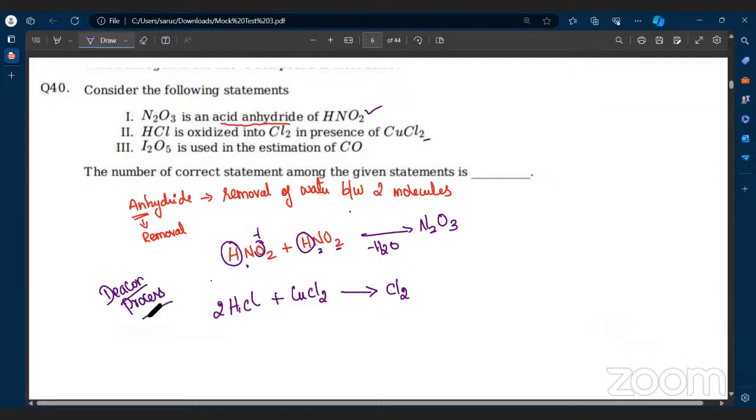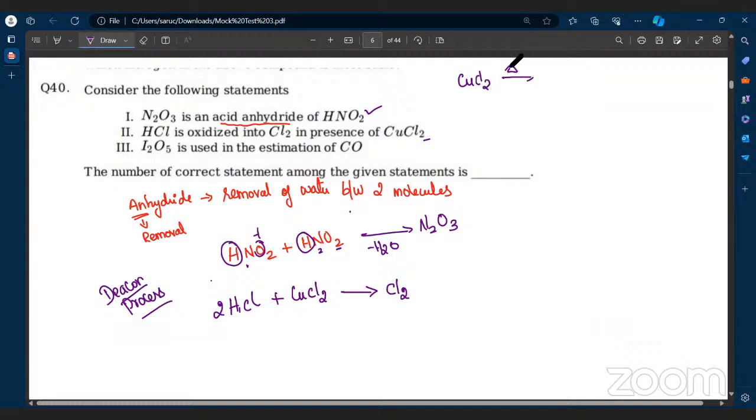Okay, so in Deacon's process, we manufacture chlorine in presence of CuCl2. What happens here is direct oxidation of hydrogen chloride. When you heat this CuCl2, it will thermally decompose to Cu2Cl2 and Cl2.